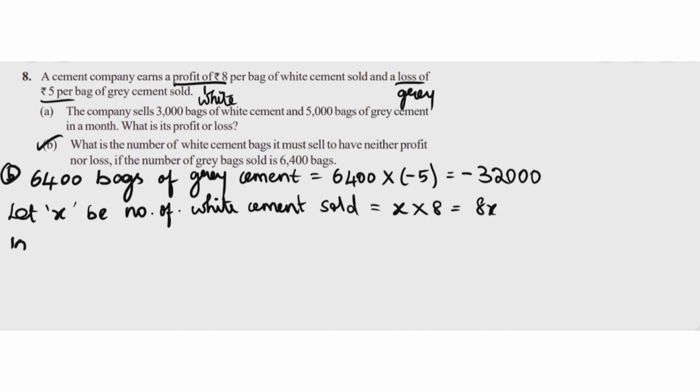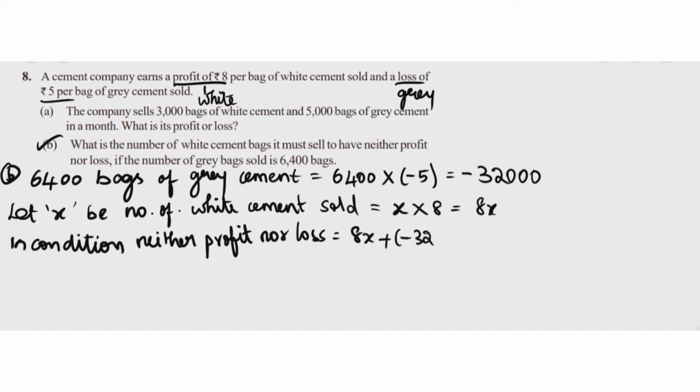So in the condition of neither profit nor loss, I have to add both, that is 8x plus minus 32,000. After solving, I get 8x minus 32,000, so 8x is equal to 32,000.